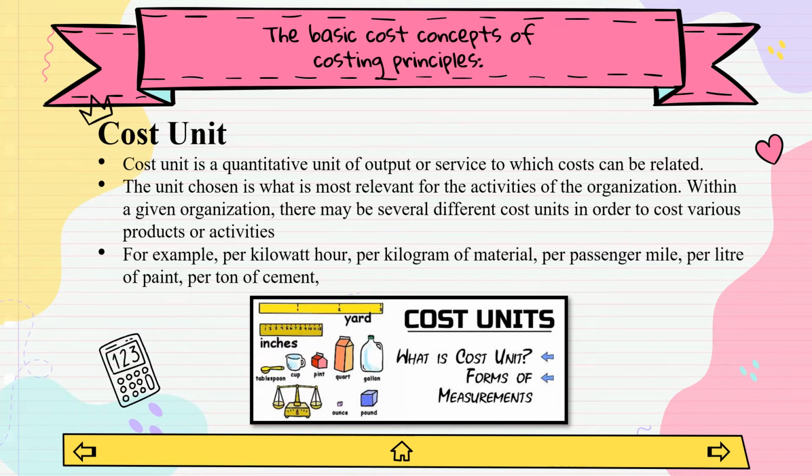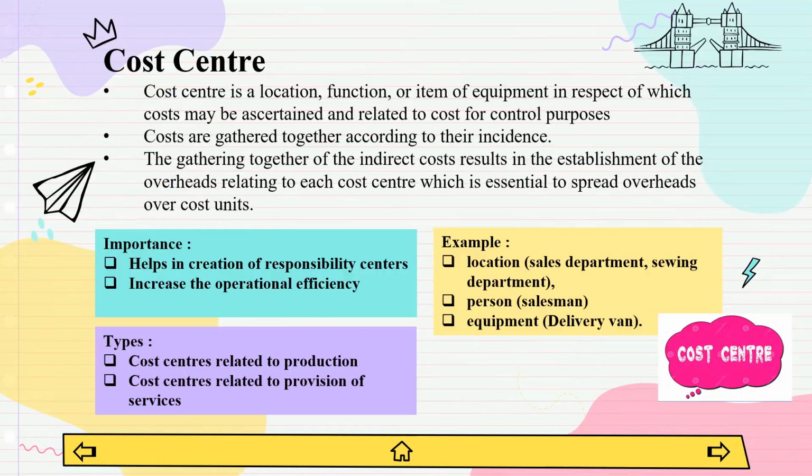Within a given organization, there may be several different cost units in order to cost various products or activities. For example, per kilowatt hour, per kilogram of material, per passenger mile, per liter of paint, and per ton of cement.